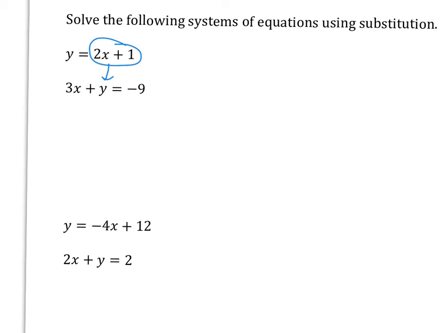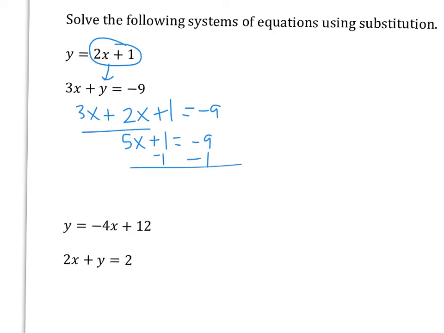So what I get here when I substitute that back in is 3x plus, now here comes in the 2x plus 1 equals -9. I'm just substituting in that expression for the variable. 5x plus 1 equals -9. We'll solve for x.